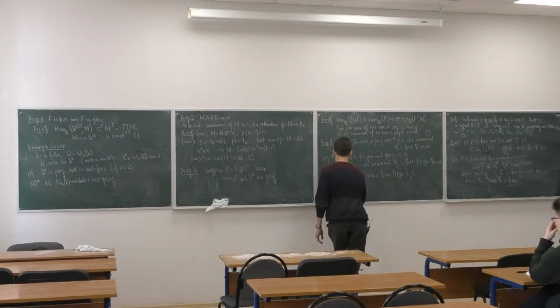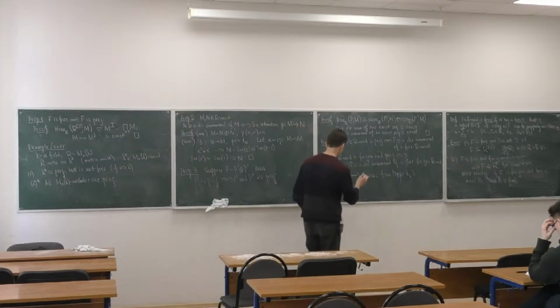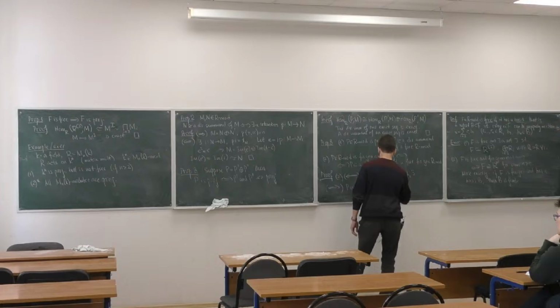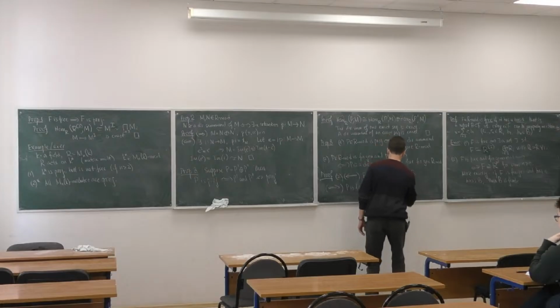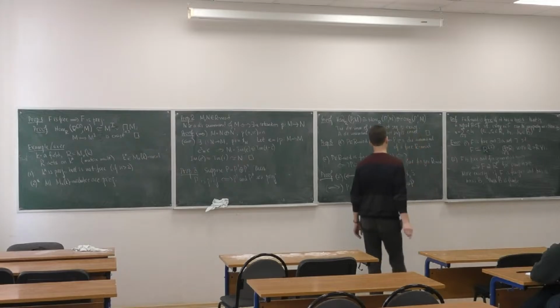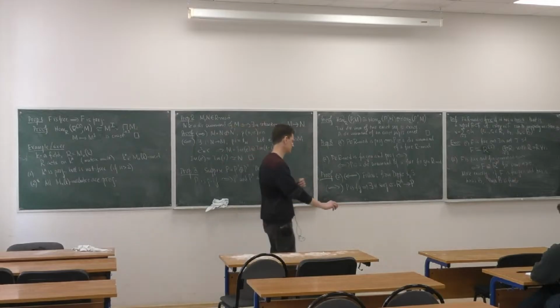And conversely, if we assume that P is finitely generated and projective, since it is finitely generated, it follows that we have a surjection sigma from R^n, for a suitable n, onto P. This is equivalent to the fact that it is finitely generated.